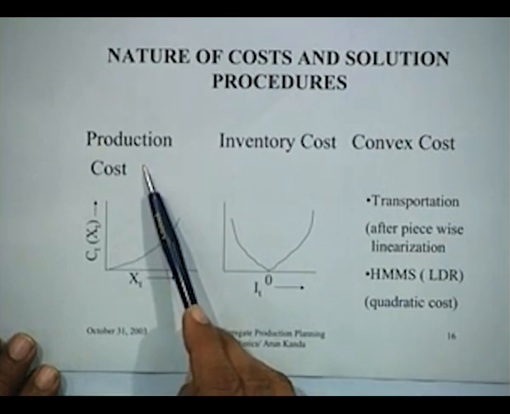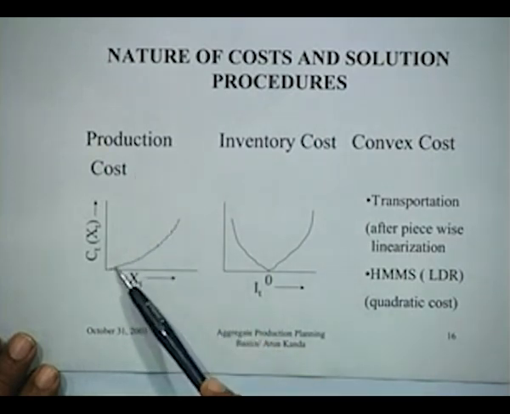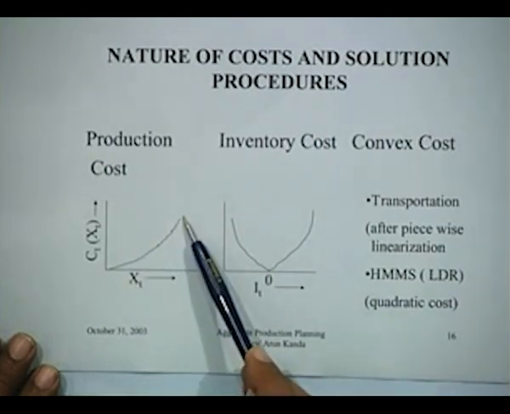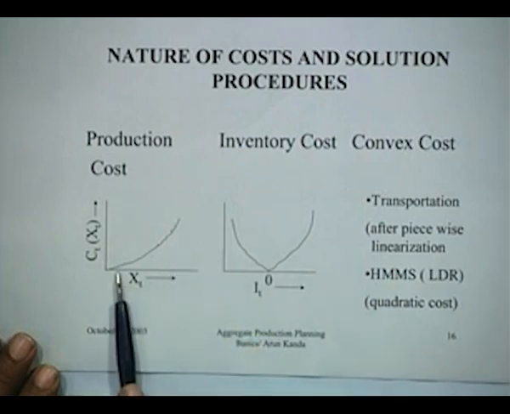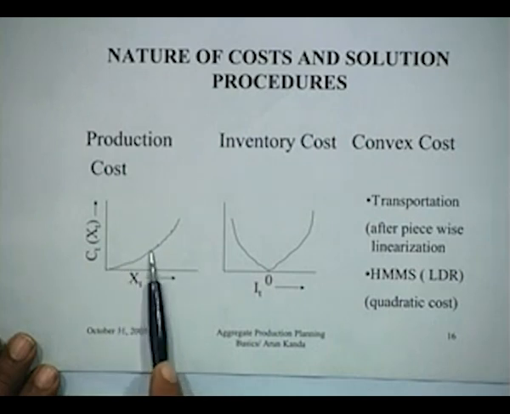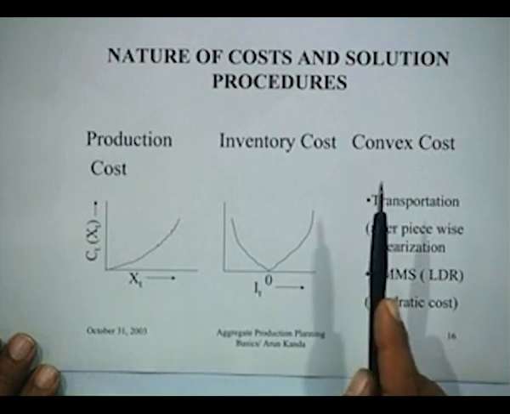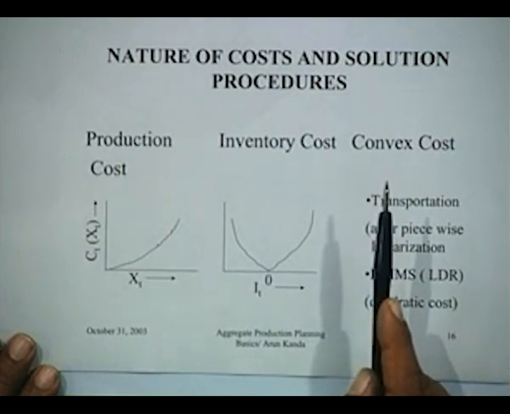What do you mean by convex costs? That is, the production cost is something like this. What does it mean? That if you produce the first unit, the cost is less. As you keep on producing more units, the cost keeps on increasing, right?